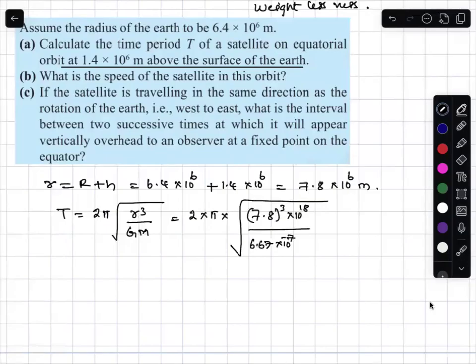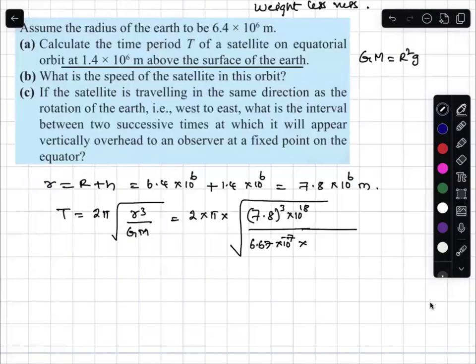Sometimes I'll just give you a technique: when you see GM, you can write it as R square g also. It's a rough technique. That is fine. Otherwise, this is what you have.